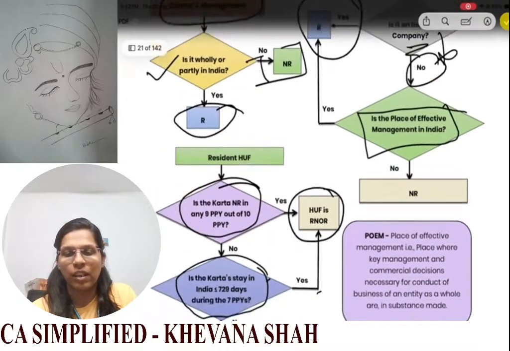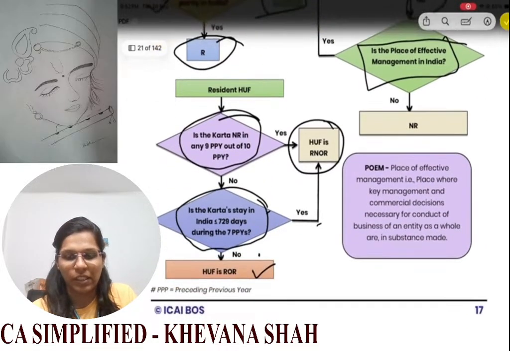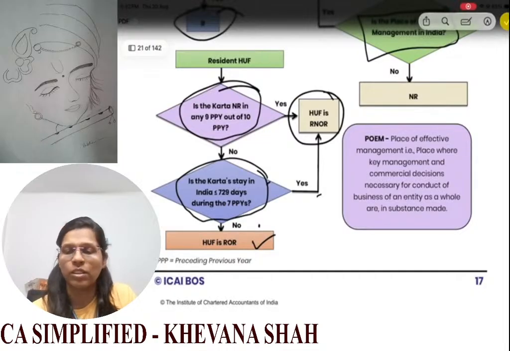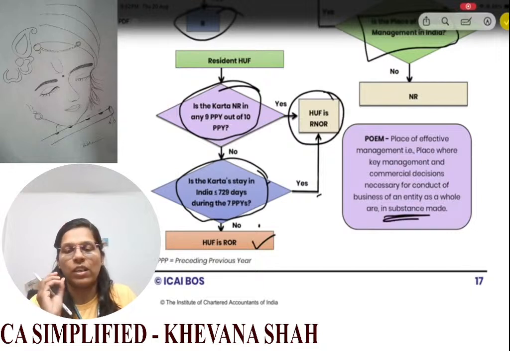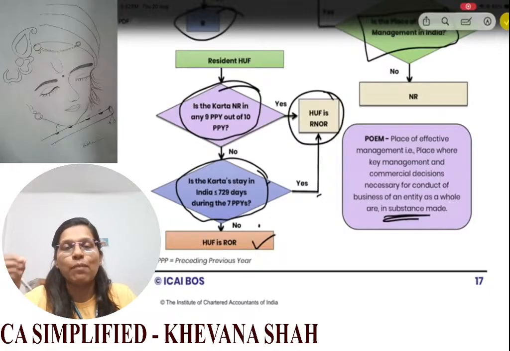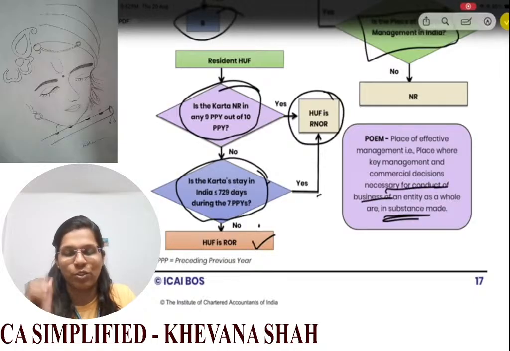And for this place of effective management in India, we have certain rules. That is a place where your key management and commercial decisions necessary for conduct of a business as an entity as a whole are in substance made. See here, the substance is very much necessary. All your key management and commercial decisions necessary for the conduct of business, and not your operational decisions.